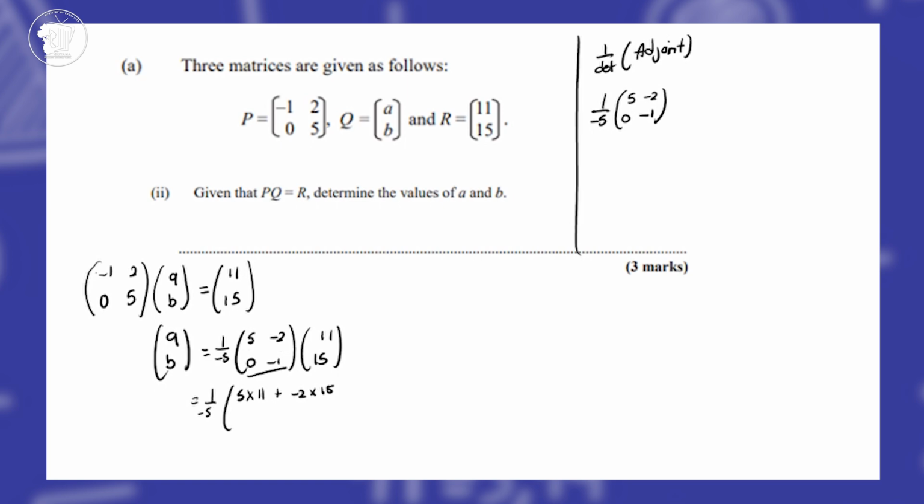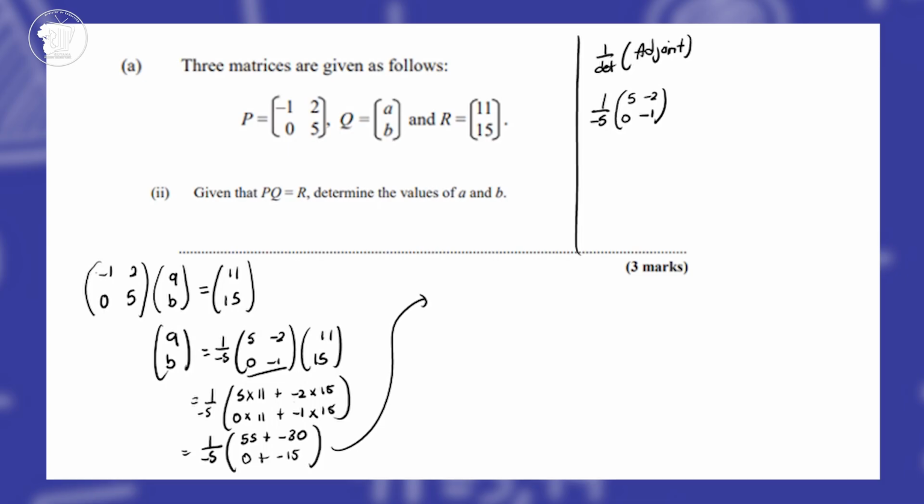Then it's the other row by the same column, so 0 multiplied by 11 plus -1 multiplied by 15. Hence this will be 1 over -5 times: 5 times 11 is 55 plus -2 times 15 which is -30, and 0 times 11 is 0 plus -1 times 15 which is -15.